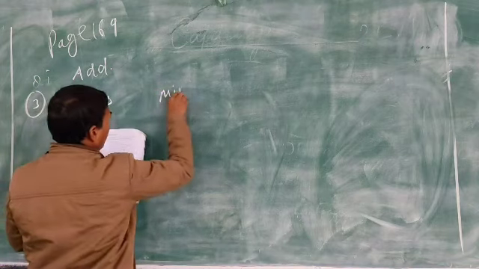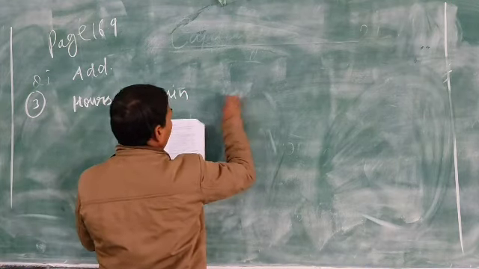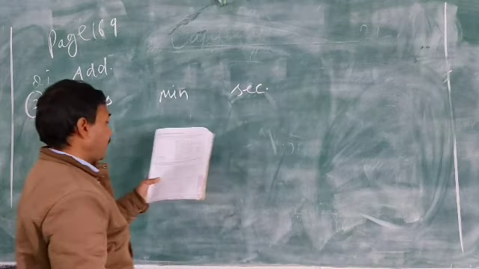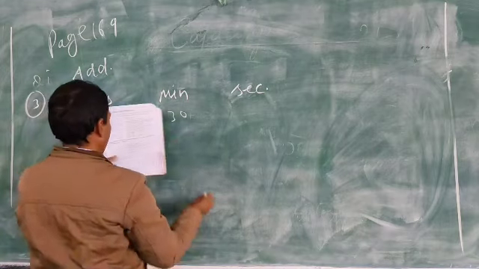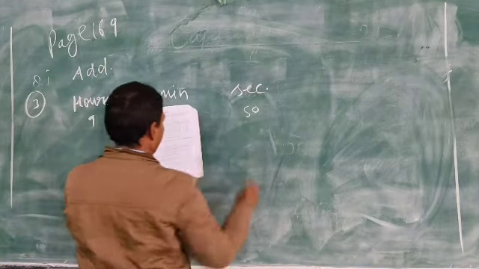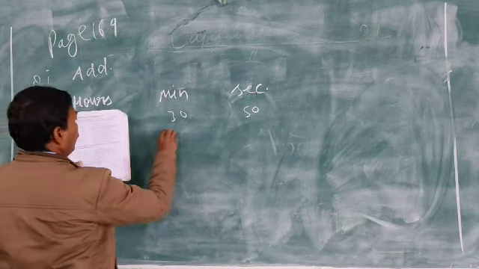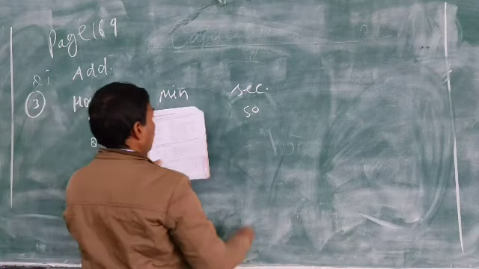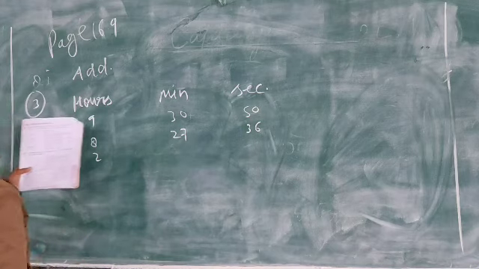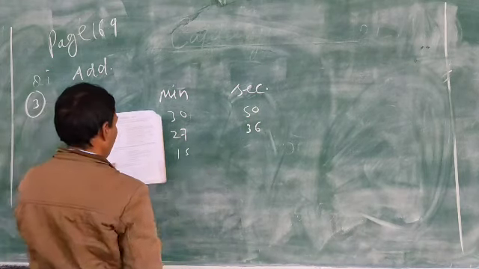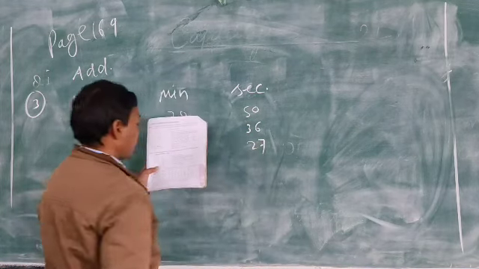Columns: hour, minute and second. 9 hours 30 minutes 50 seconds. 8 hours 27 minutes 36 seconds. 2 hours 15 minutes 27 seconds.